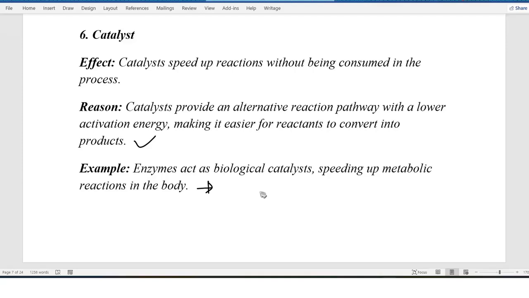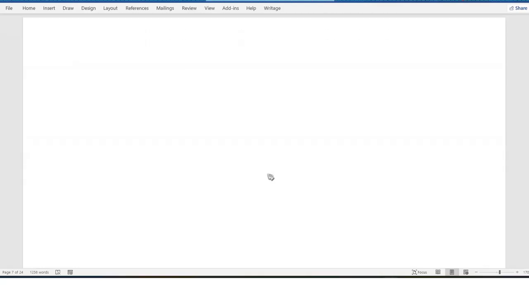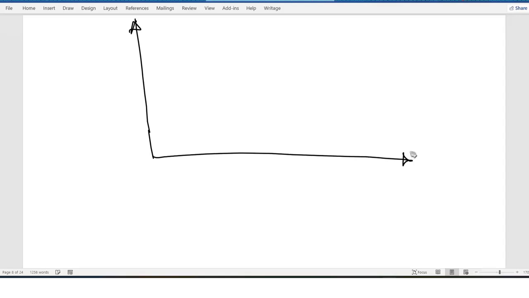You can have peptidase. You can have a number of them that work on food substrates during the digestion process. So maybe we can give you a graph that shows the activation energy in the presence of a catalyst.